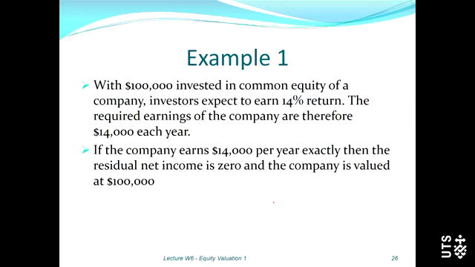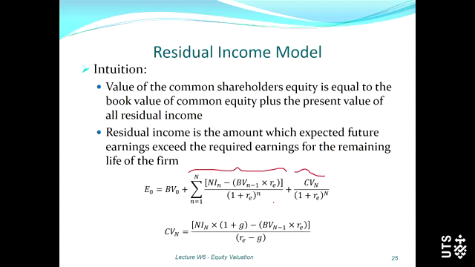If the company earns 14 per annum, that means that there is no abnormal earnings and that the residual income is 0, right? So going back to the previous slide, this is 14,000, this is 14,000. If that happens every year, this will be 0. The present value of 0 will be 0, and the value of equity will be the value of book value.